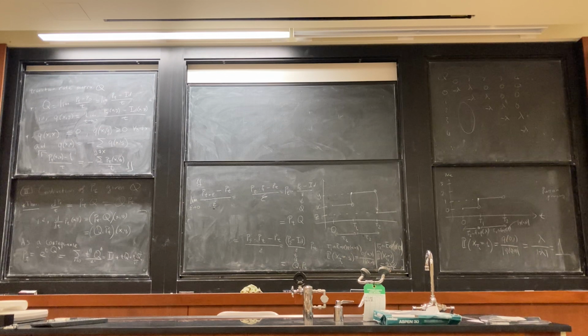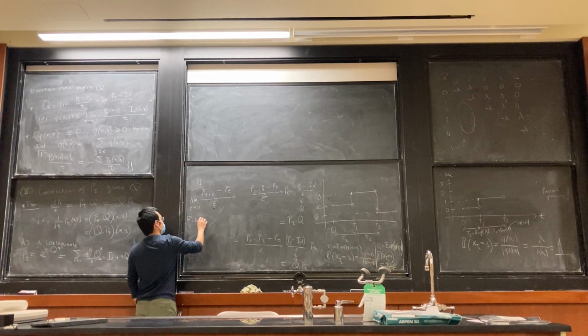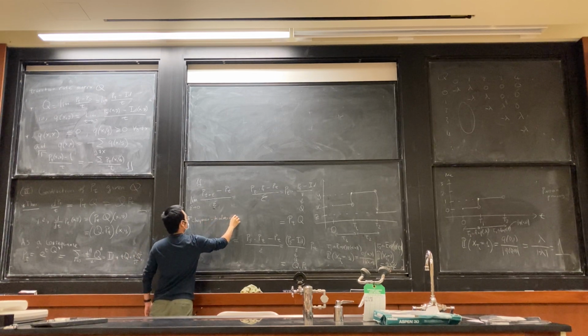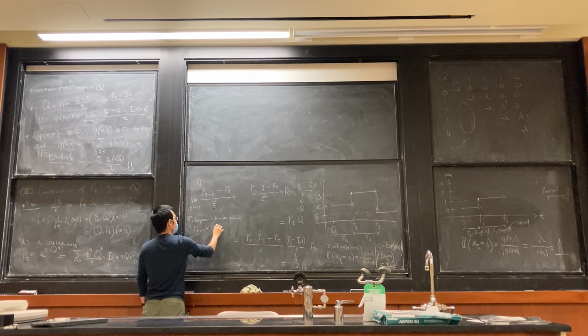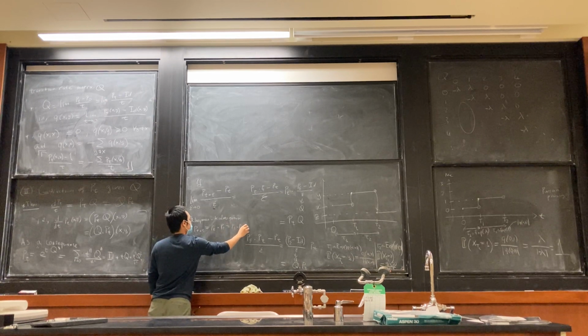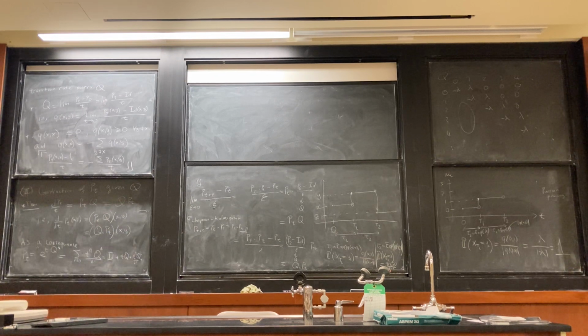Not really difficult. Well, we call it Chapman-Kolmogorov: P_{t+s} is the same as P_t times P_s, the same as P_s times P_t.